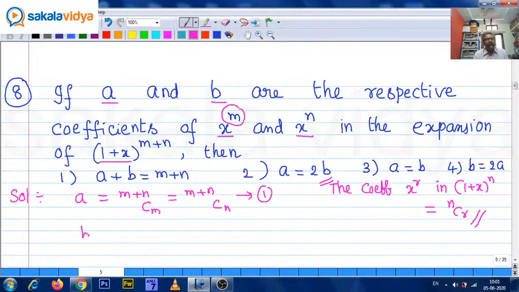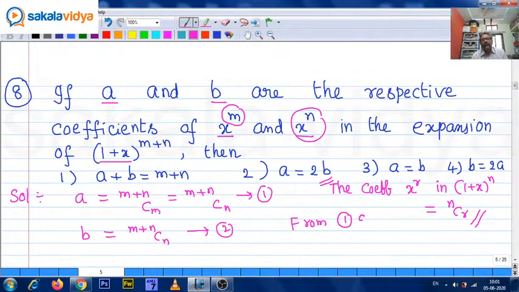Now b, the coefficient of x to the power of n, that is nCr with r equals n, here for m plus n you get m plus n C n, say equation 2. From 1 and 2, therefore a equals b. Third option is the right option.